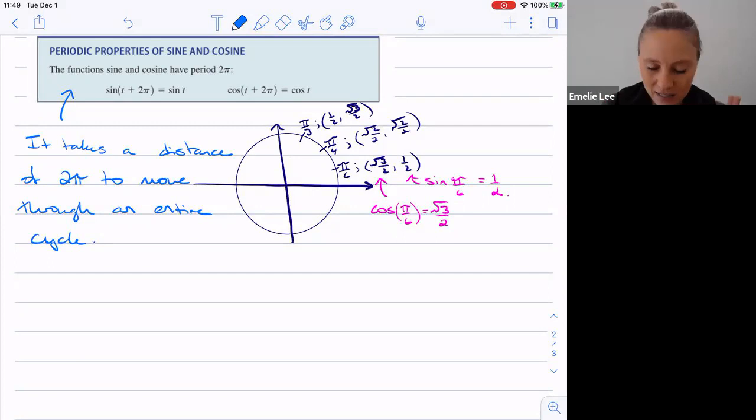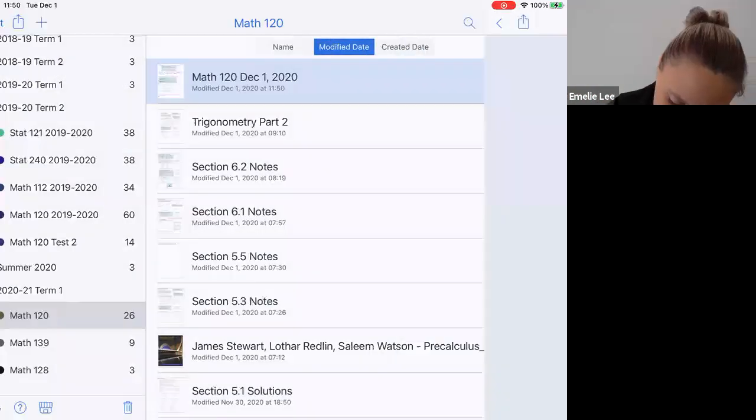So in that 2 pi, if we're just looking at the cosine, cosine goes from root 3 over 2 to root 2 over 2 to 1/2 to 0 to negative 1/2, negative root 2 over 2, negative root 3 over 2, and so on and so forth. And so what we get is this kind of cyclical graph.